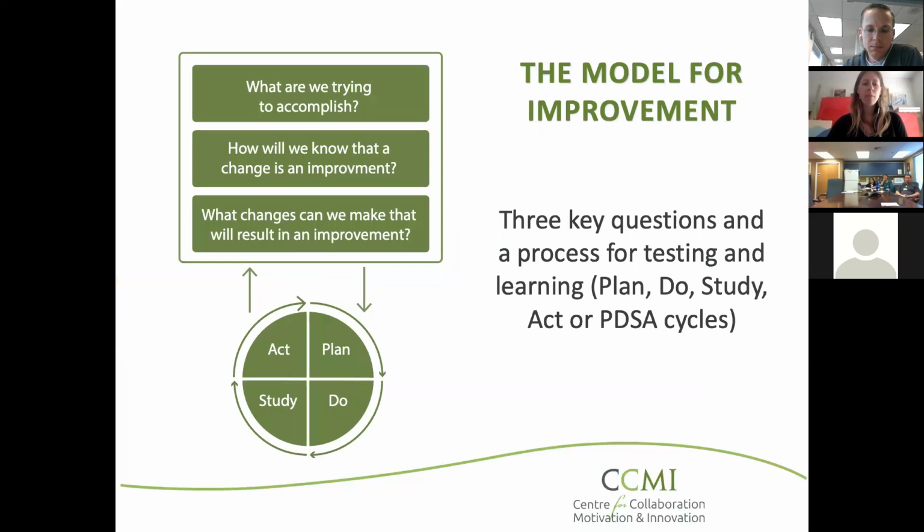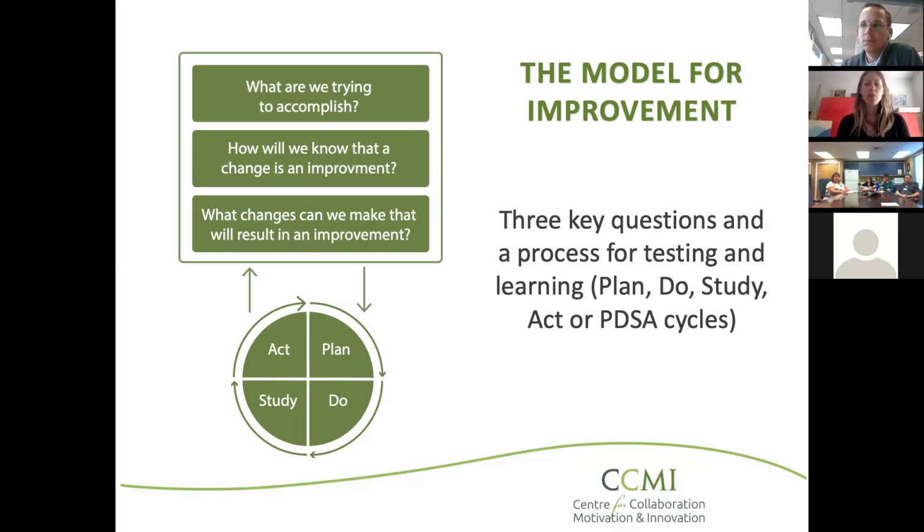So just coming to a bit of a review from last week, I want to highlight the model for improvement. This is really the key model that will be useful to you as you continue to plan for improvement, measure improvement progress, as well as when we start talking more about testing changes and implementing changes.